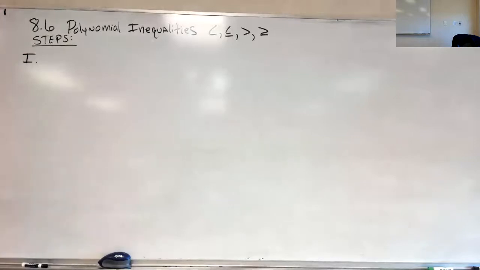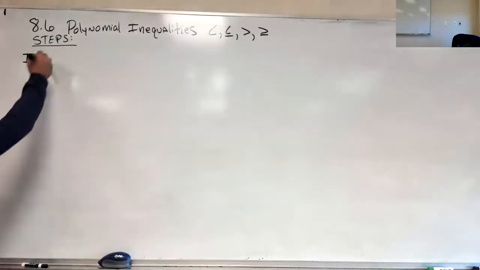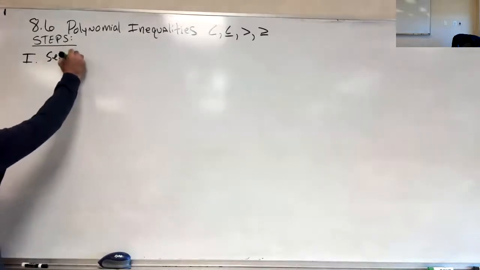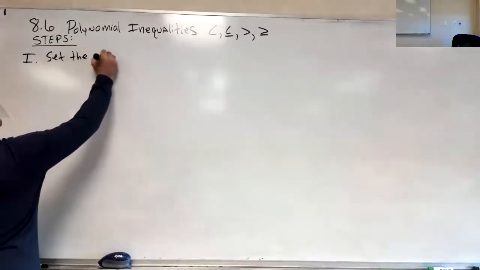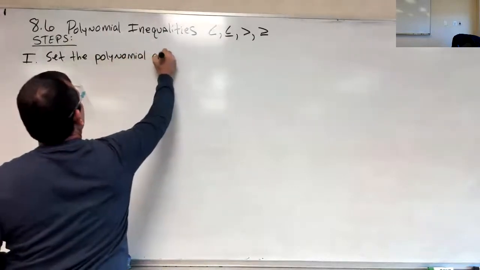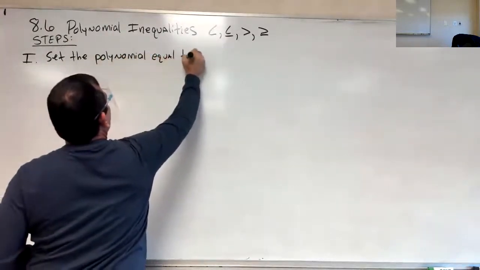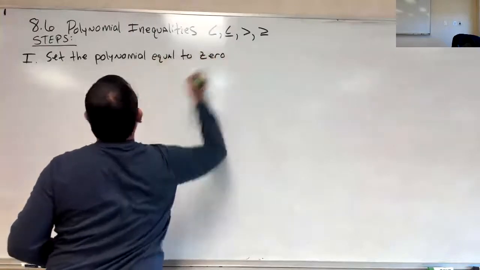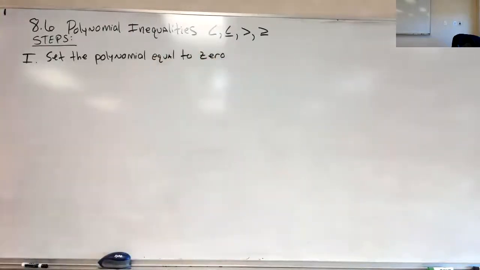So we're looking at equations that can have many solutions to them, okay? So really the first thing I do to this is I'm going to set the polynomial equal to 0 and solve.